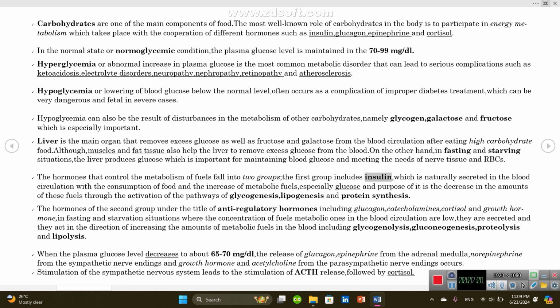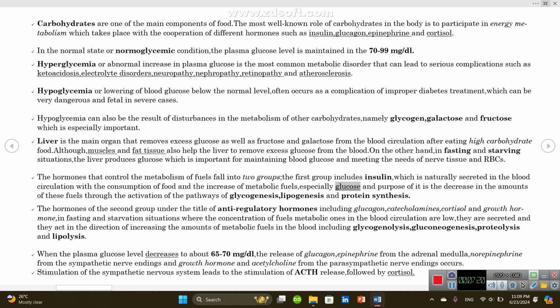Take a note, please, that insulin is secreted by beta cells in the pancreas with the consumption of food and the increase of metabolic fuels, especially glucose.